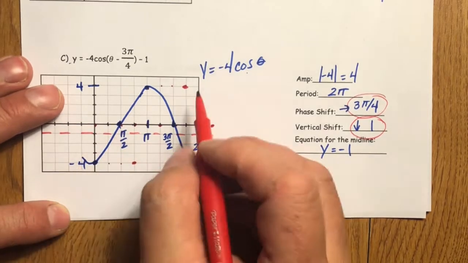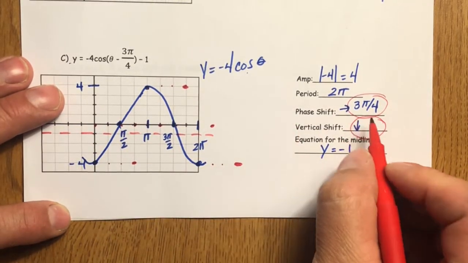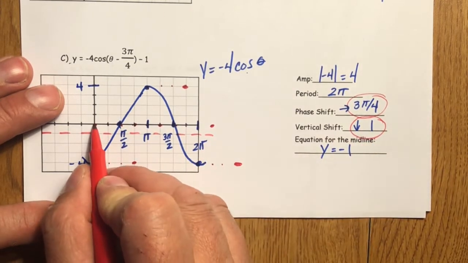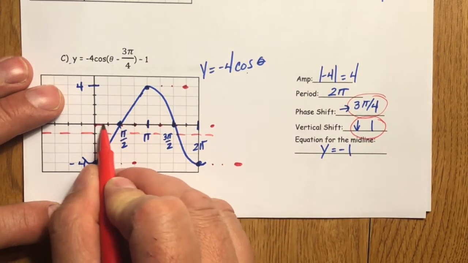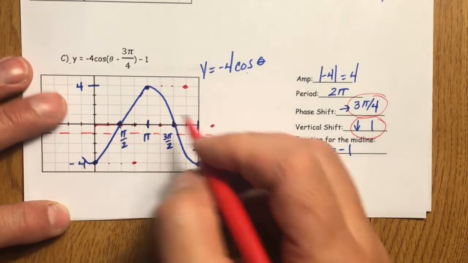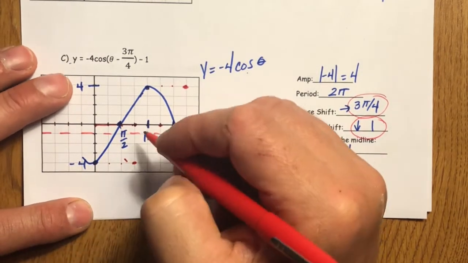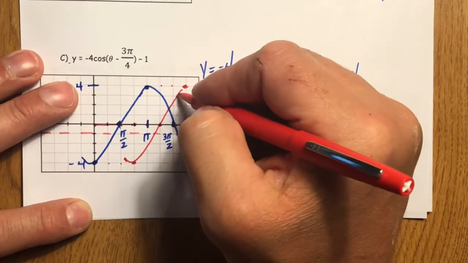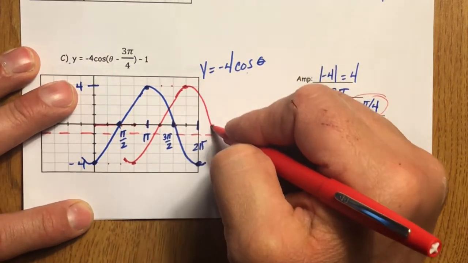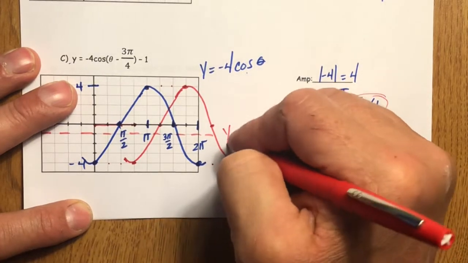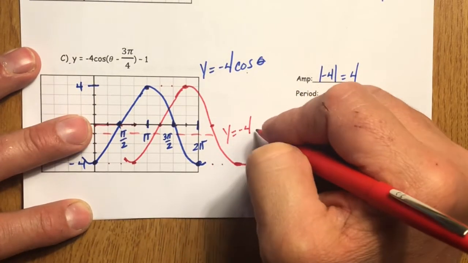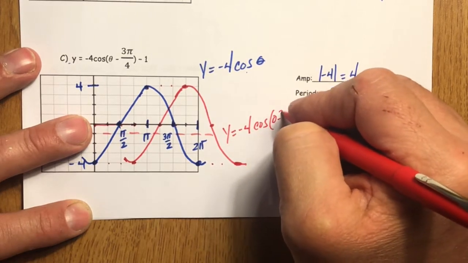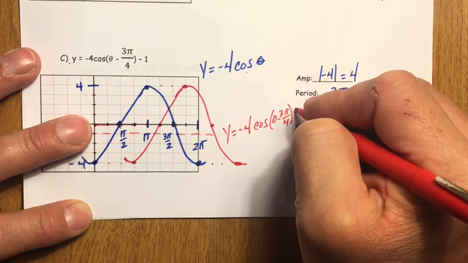Again, I want to make sure you understand the length of that phase shift is 3 pi over 4. So from 0 to 3 pi over 4 is this distance right here, 1, 2, 3. Now I'm going to graph this, and that's y equals -4 cosine theta minus 3 pi over 4 minus 1.